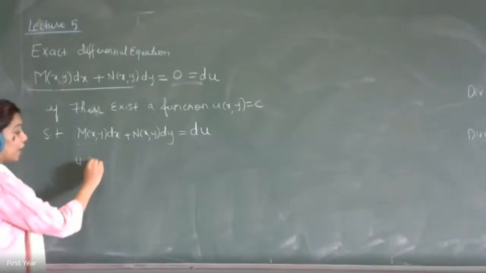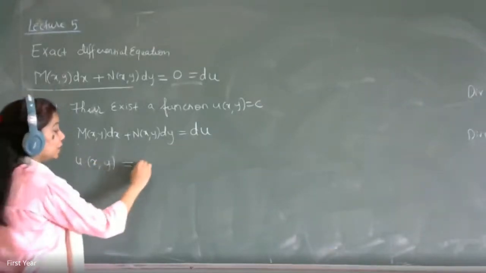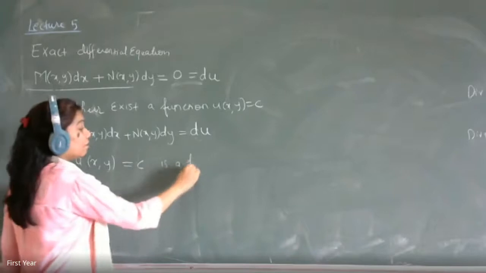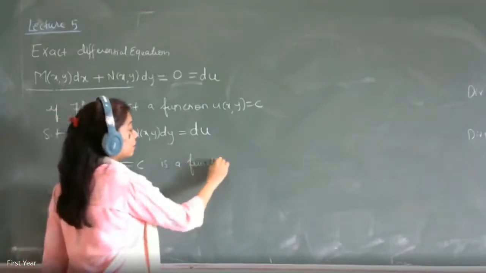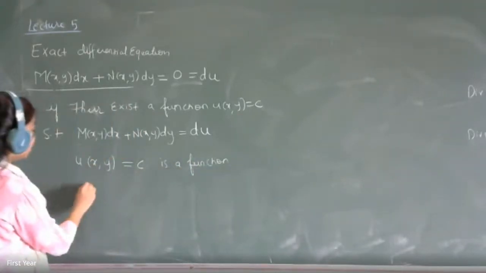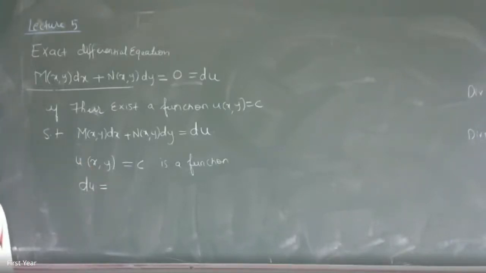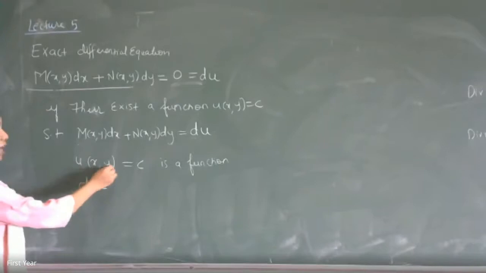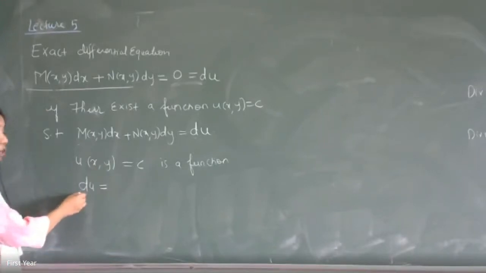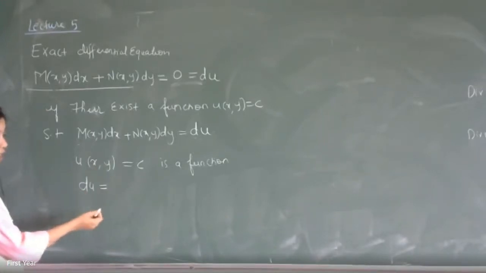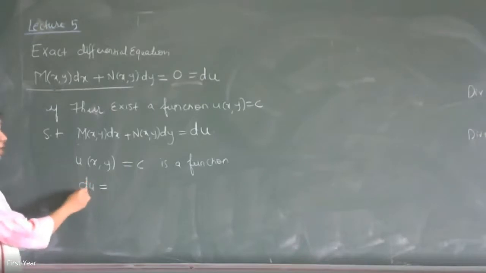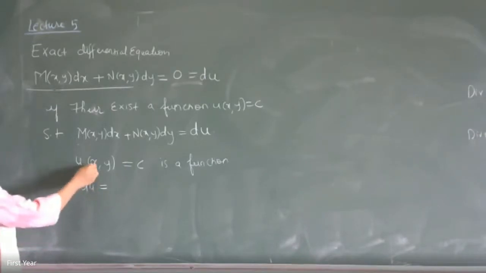Suppose u(x,y) is equal to c, a function in x and y. Then what is the total differential of u? You remember we did this in partial derivatives. u depends on x and y. Then the total differential will be du by dx, but what is the total differential? u changes with respect to both variables.